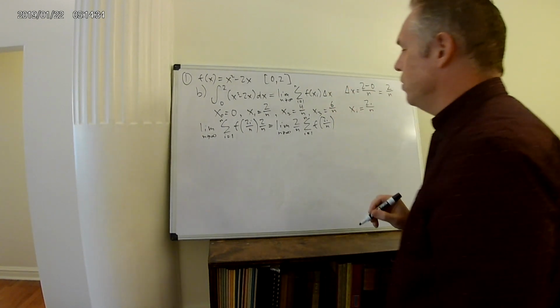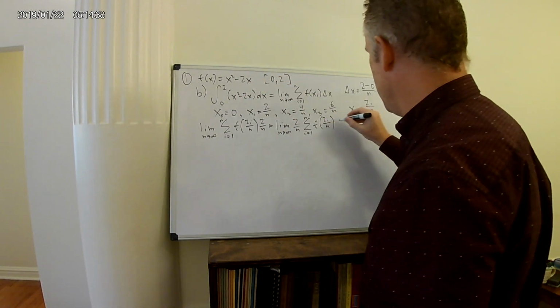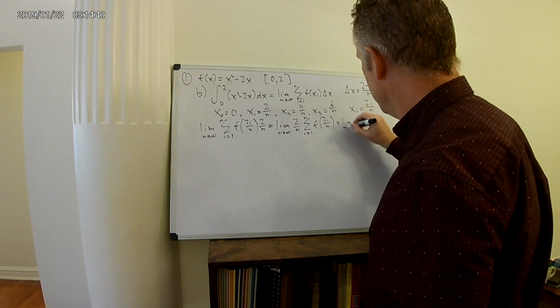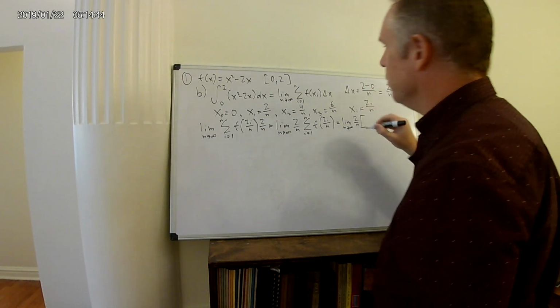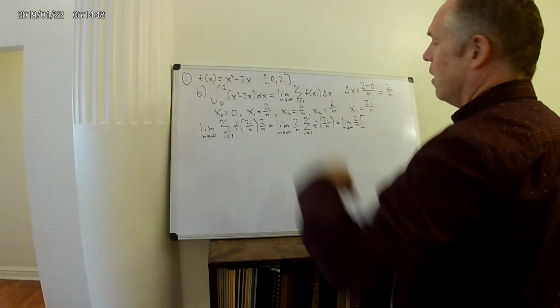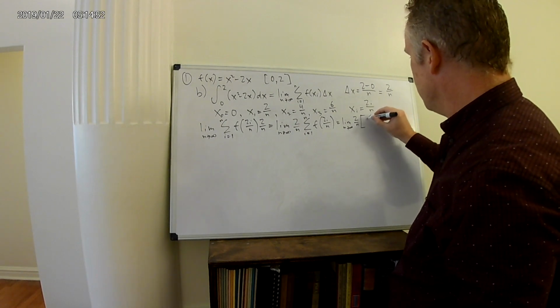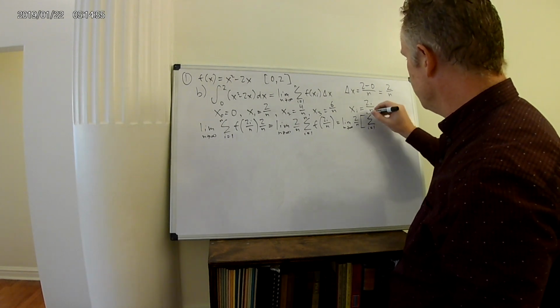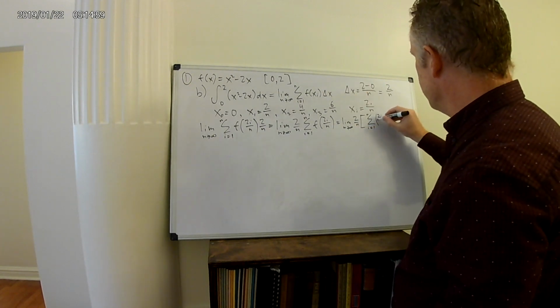Now I'm going to use the functional form here. I'm going to rewrite this as the limit as n approaches infinity of 2 over n, and now I'm going to plug in my function. My function f is x squared minus 2x. So this turns into the sum from i equals 1 to n of x squared, which is 2i over n.